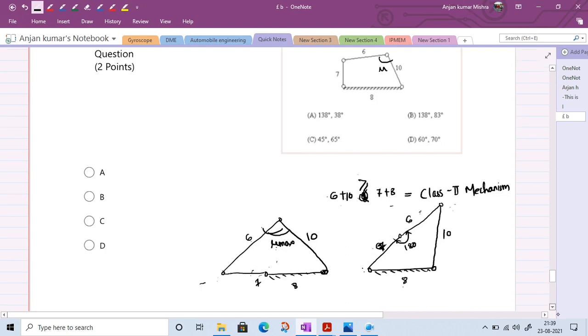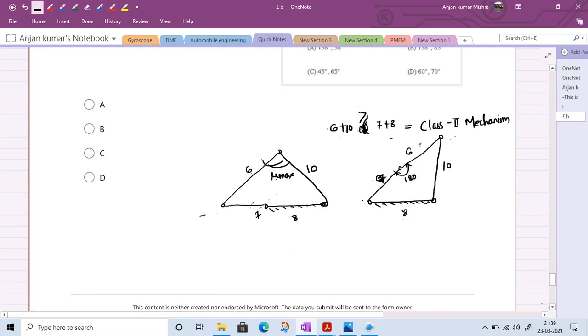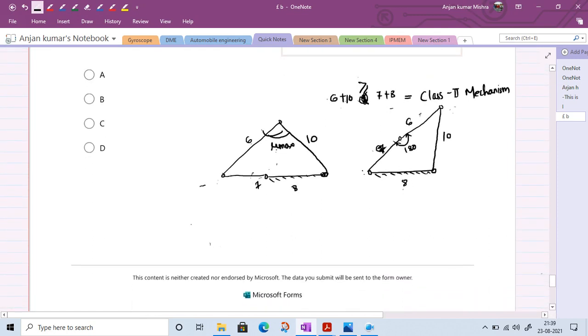So in every case we will apply the cosine law. So directly I am writing here cos mu will be equal to 6 square plus 10 square minus 15 square divided by 2 into 6 multiplied by 10. So this is mu minimum angle.